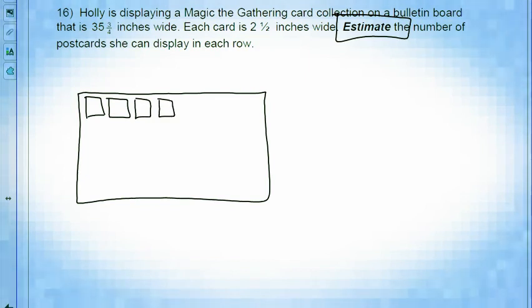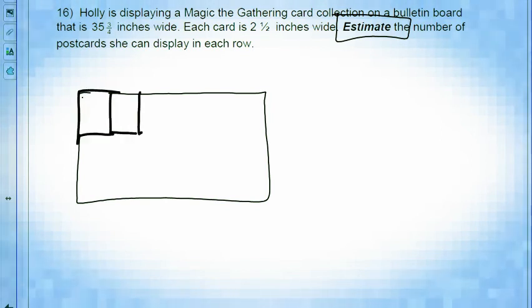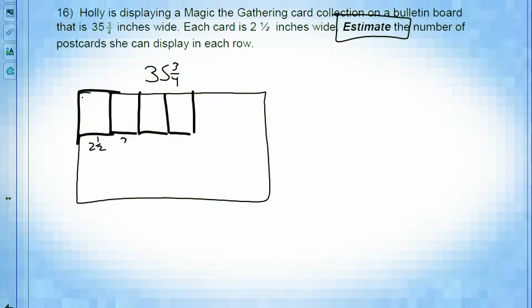Of course, I'm going to have them touching. I'm going to have my cards totally touching all the way across to maximize the card display ability. And so it looks like I'm taking the whole 35 3/4 and I'm dividing it into 2 1/2, 2 1/2, 2 1/2. I'm dividing it up like that.